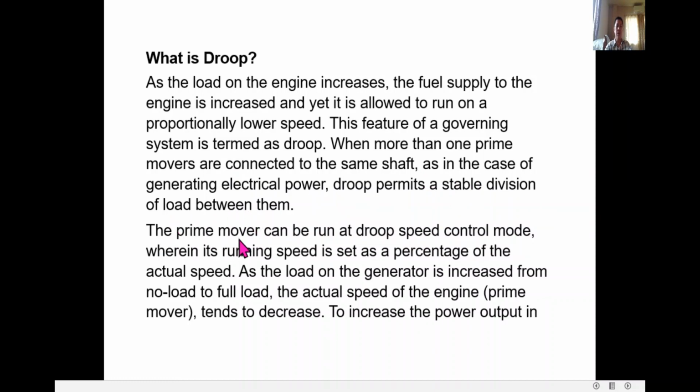So the prime mover, which is an engine, can be run in a drop speed control mode, wherein its running speed is set as a percentage of the actual speed. As the load on the generator is increased from no load to full load, the actual speed of the engine prime mover tends to decrease to increase the power output.